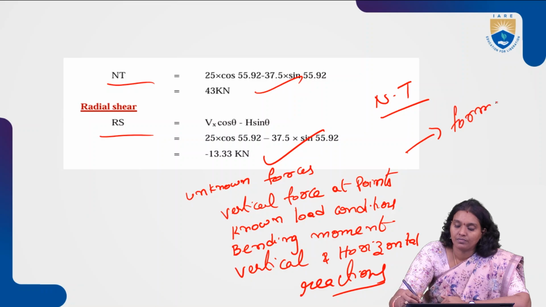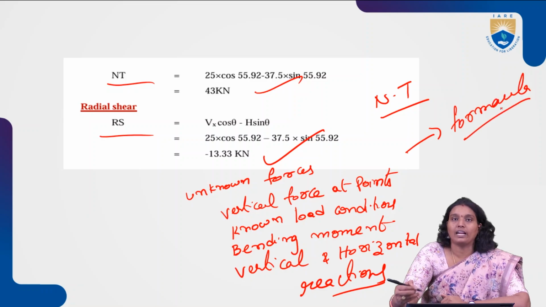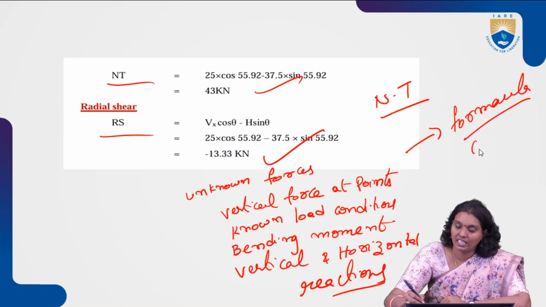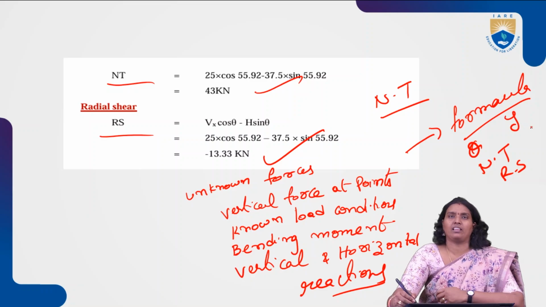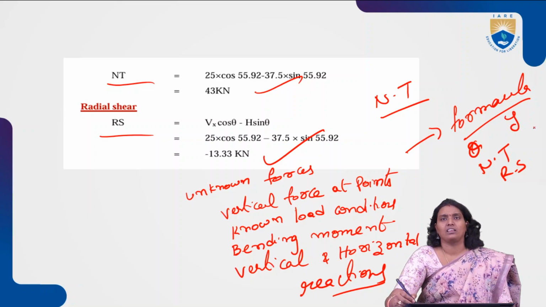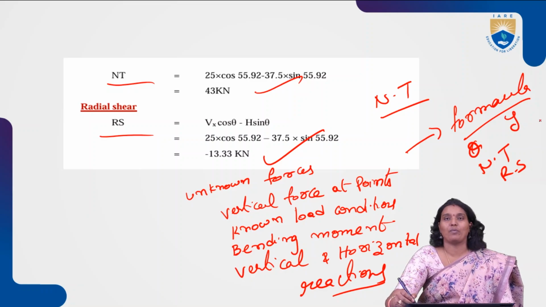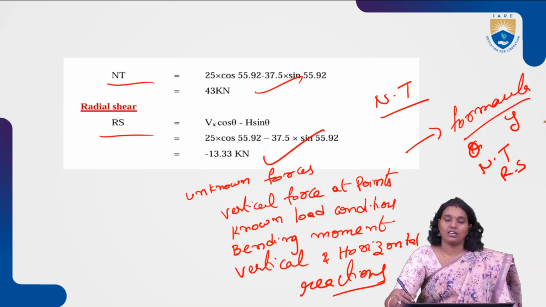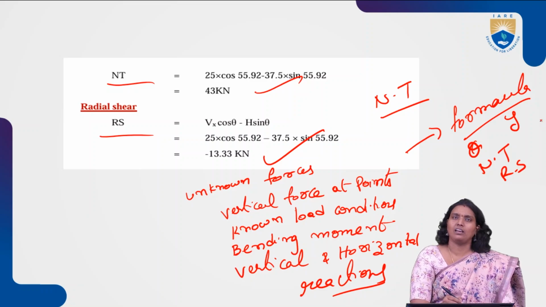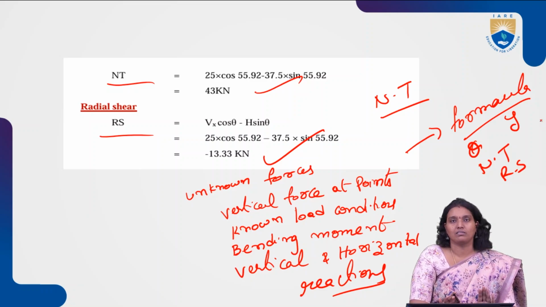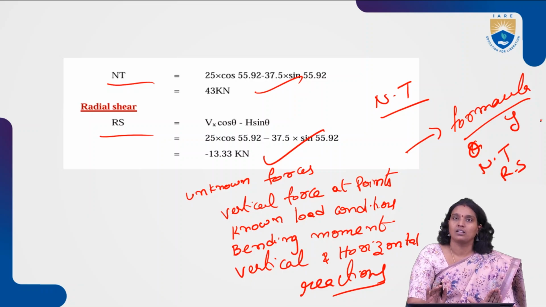Once we know these vertical and horizontal reactions according to the loading conditions, we know the formulas for the particular condition. So we know the formulas of theta, normal thrust and radial shear, and the depth y where it is required. We apply these known formulas, and finally we get whatever is required using this procedure.